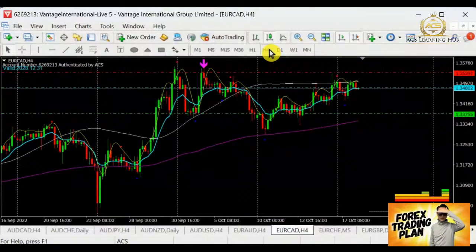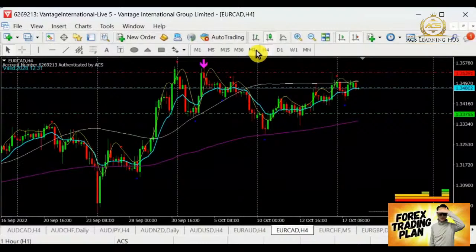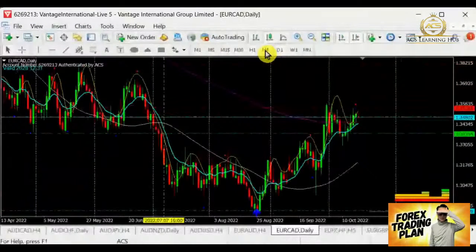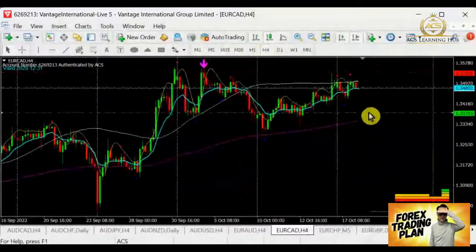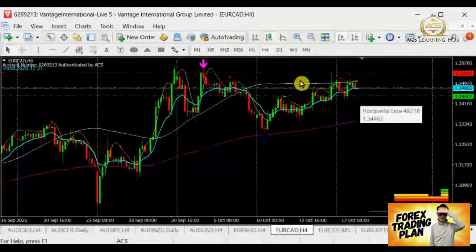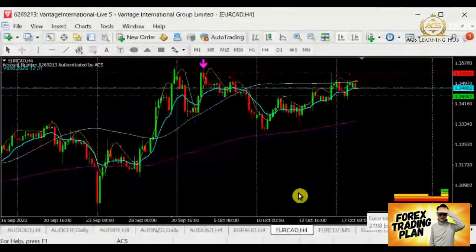In EuroCAD, the support is very near. So tentatively, I would suggest we look out for a support. When the price reaches the support, then we go for a buy. So that's for EuroCAD.